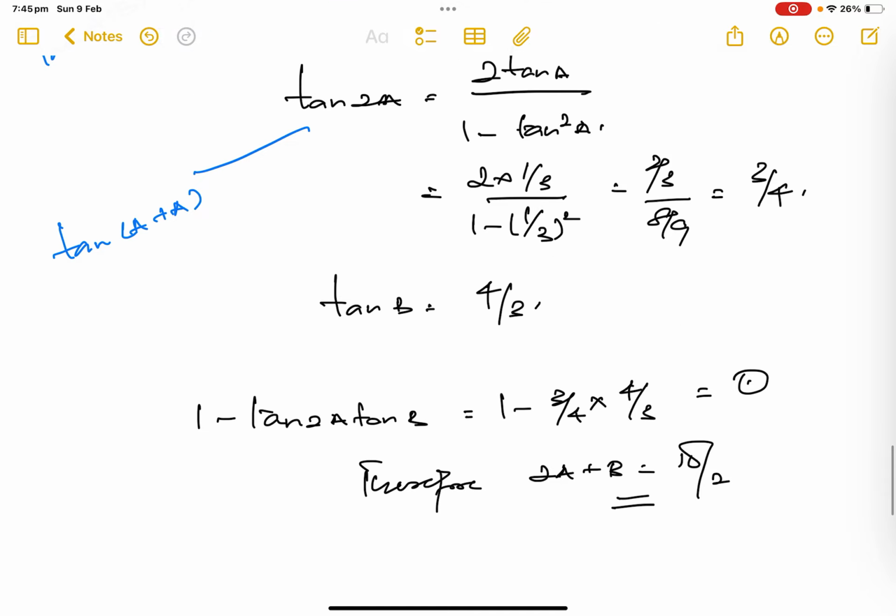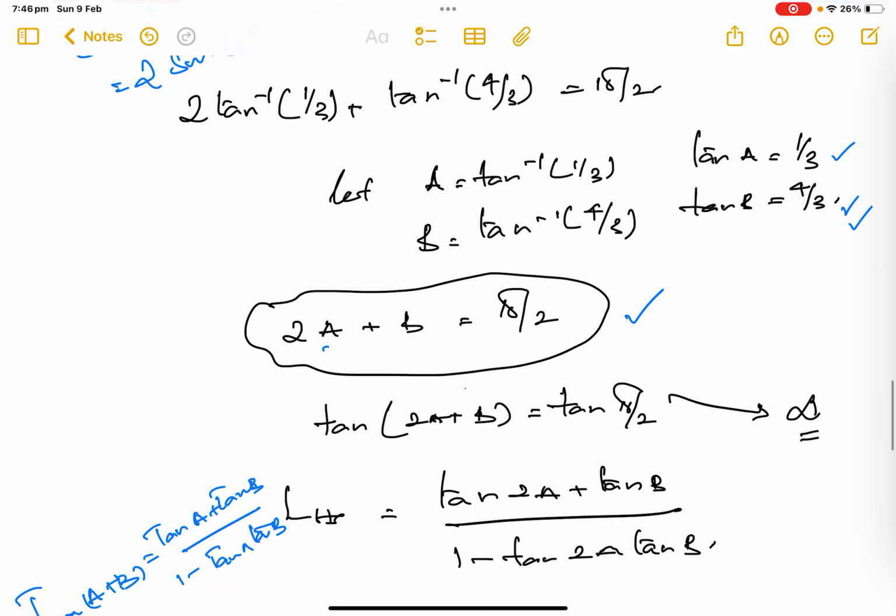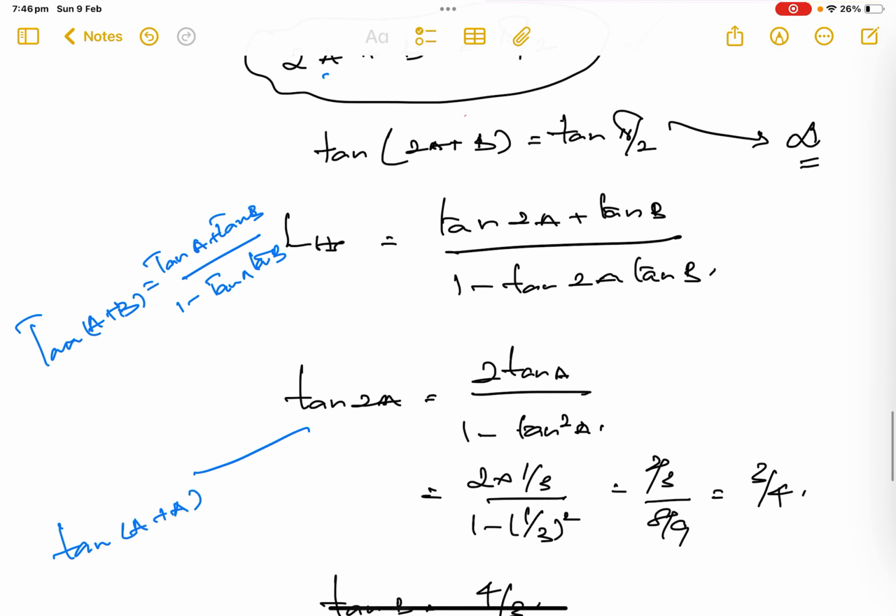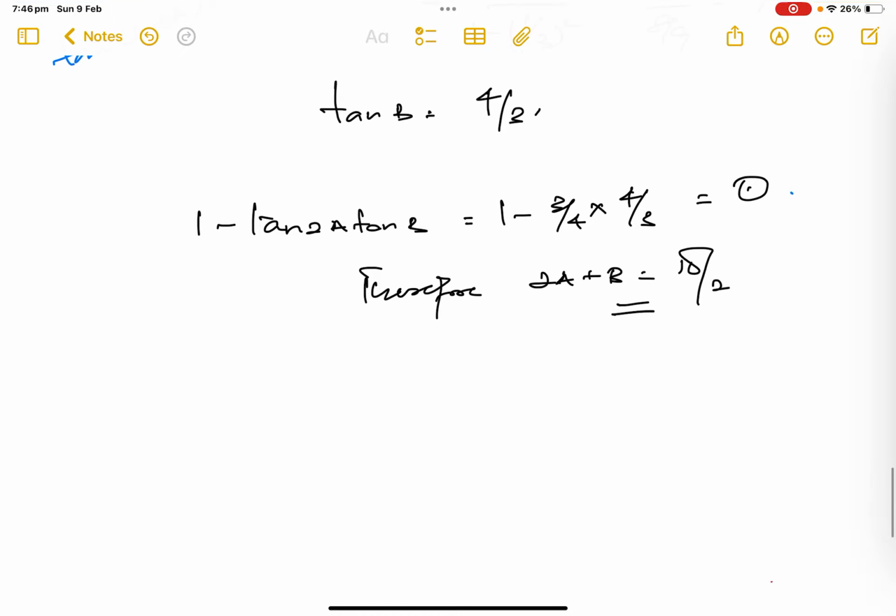So just the denominator: 1 minus tan 2A tan B is 1 minus 3/4 times 4/3. That is 1 minus 1, which is 0. So the denominator is 0. Therefore, the right-hand side is infinity. Therefore, 2A plus B is pi by 2.